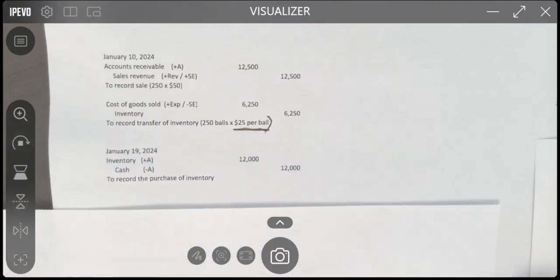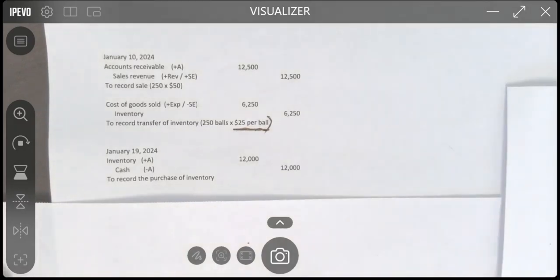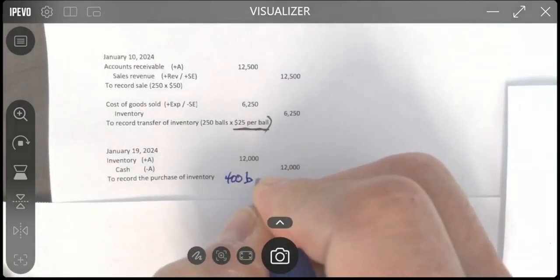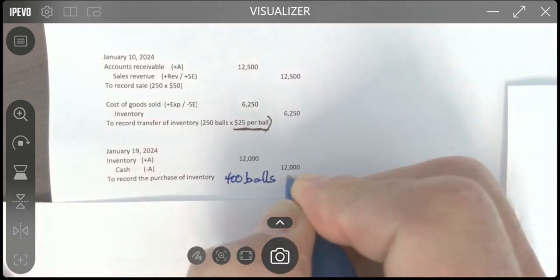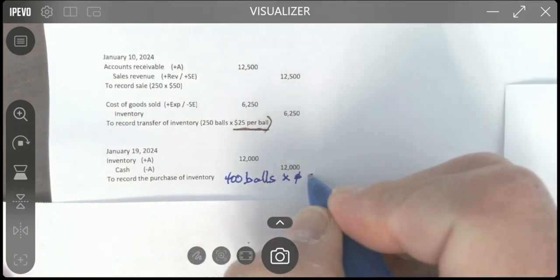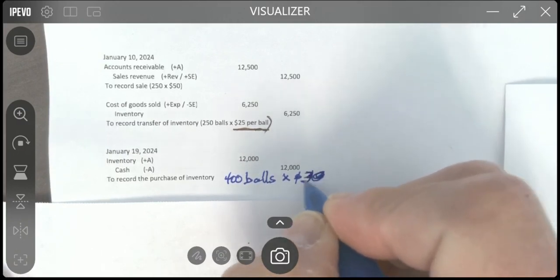On January 19th, we have another purchase. This one was 400, $30. I'm sorry, $30 per ball.